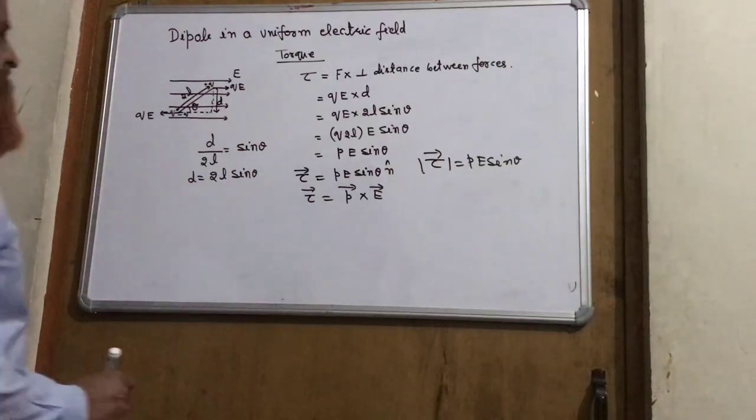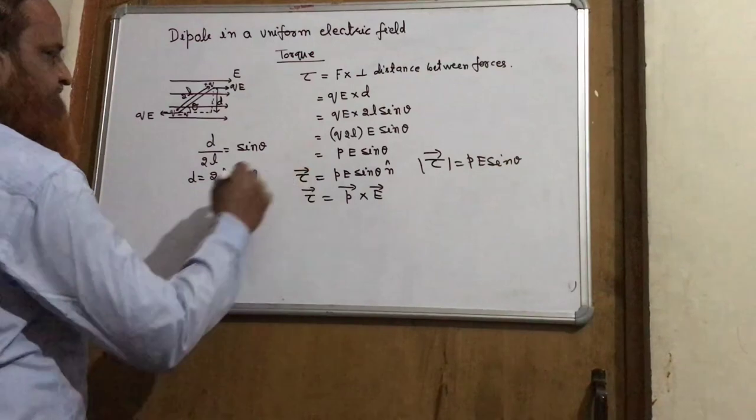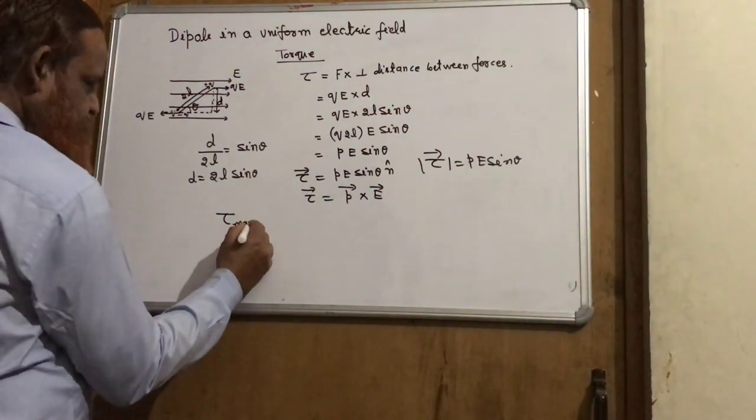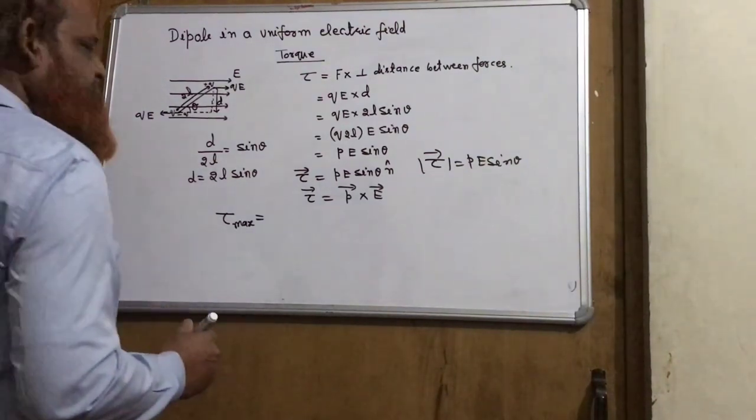Now, when is the torque maximum? As we know p and E are constant, so only theta will change.